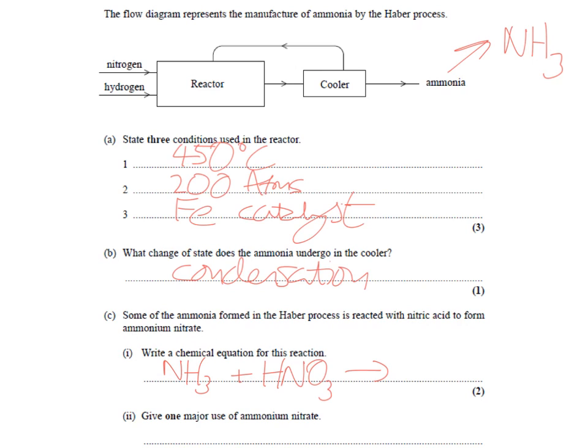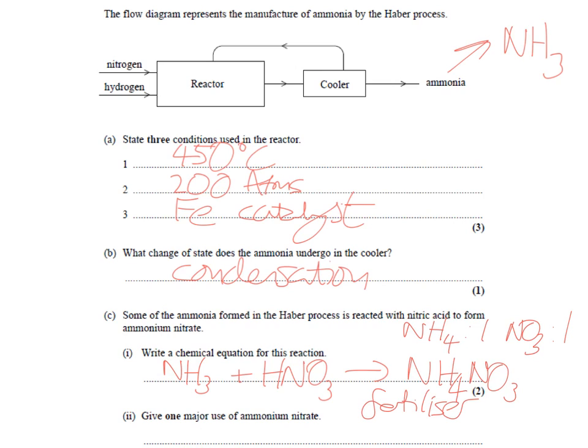Ammonium has the formula NH4 and has a valency of 1. Nitrate is NO3 and also has a valency of 1. So the formula of ammonium nitrate is NH4NO3. And ammonium nitrate is used as a fertilizer.